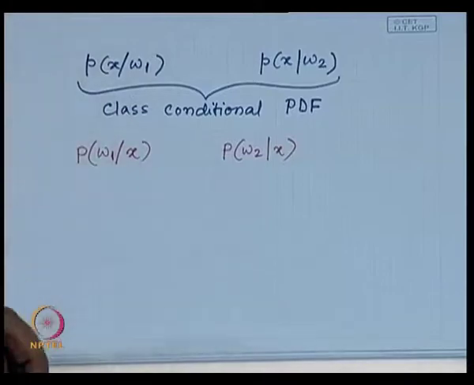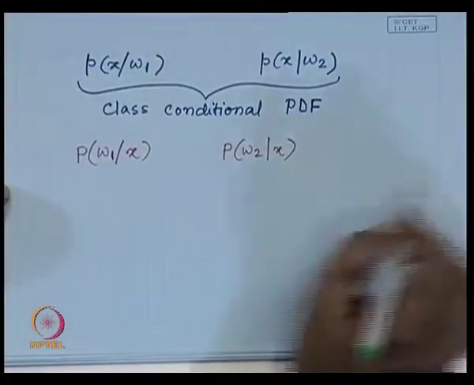Now, from preliminary probability theory, you know the joint probability density function, that an object belongs to class, say, omega i. Let me generalize this: instead of calling omega 1 and omega 2, let me call it omega i, which can have a value 1 or 2. So, a joint probability that an object belongs to class omega i and at the same time has the feature x.